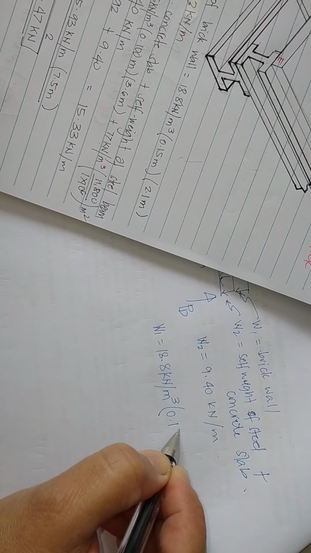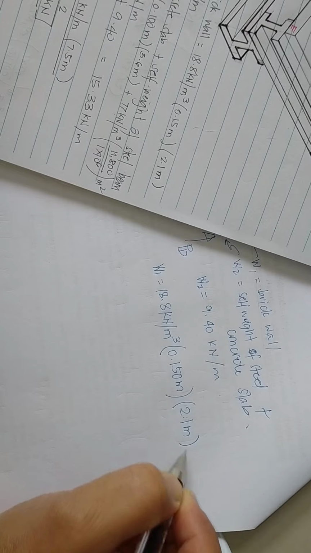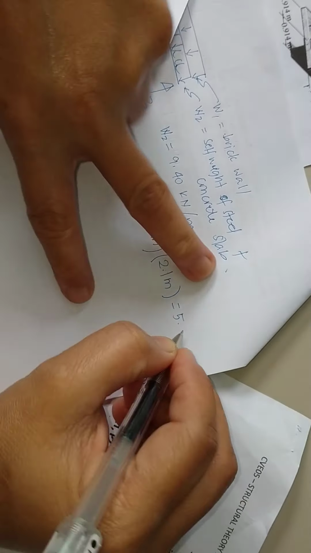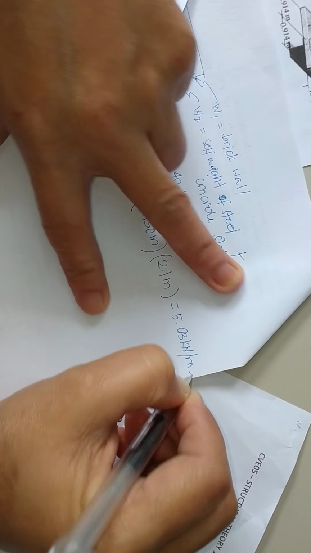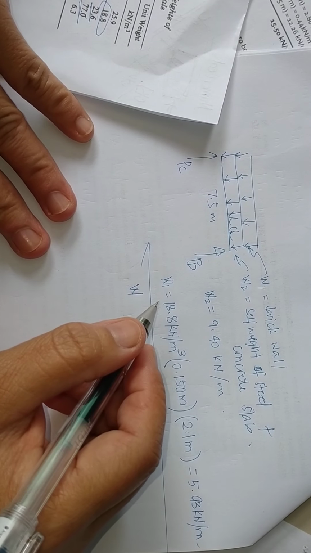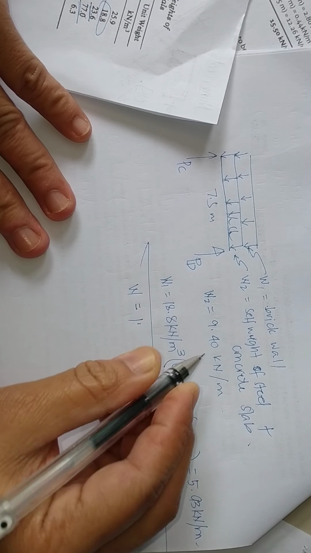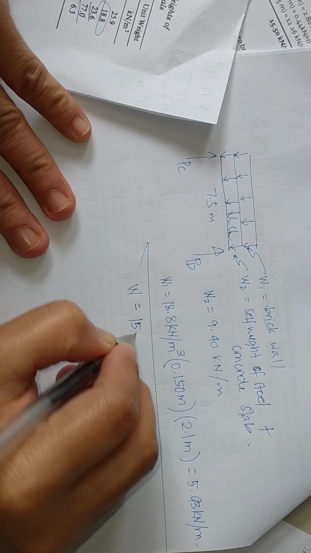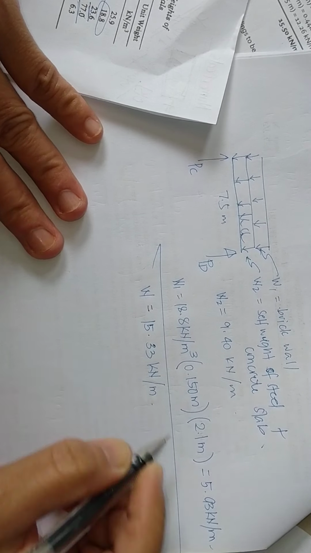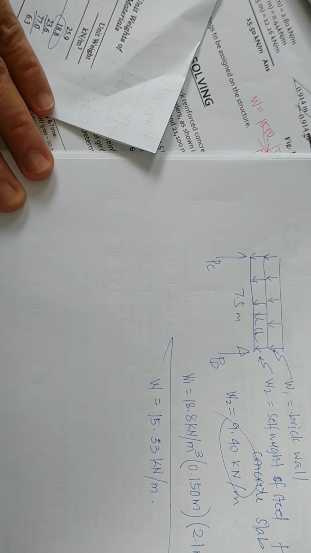So the thickness of 150 mm multiplied by 2.1 meter will give you 5.93 kilonewton per meter. So the total distributed load along beam CD is equal to 5.93 plus 9.40, that is 15.33 kilonewton per meter.